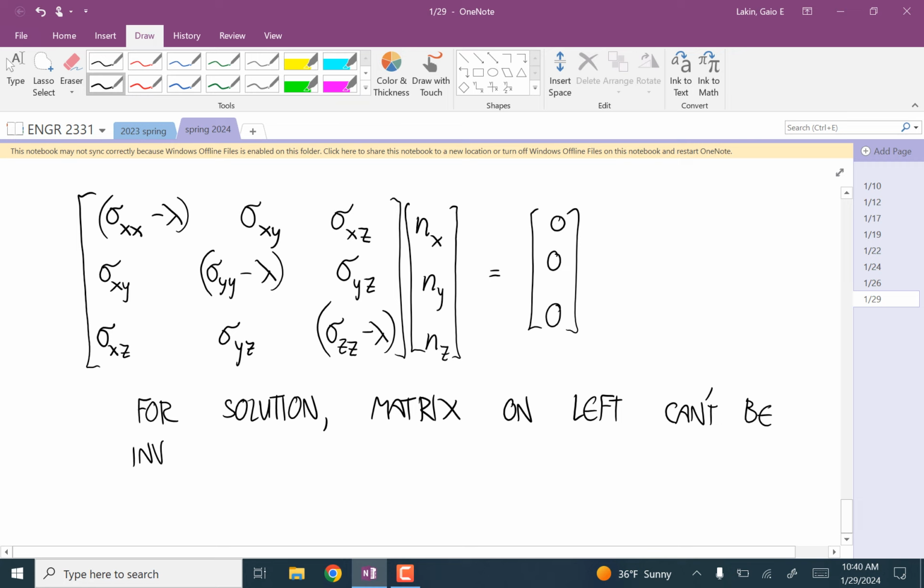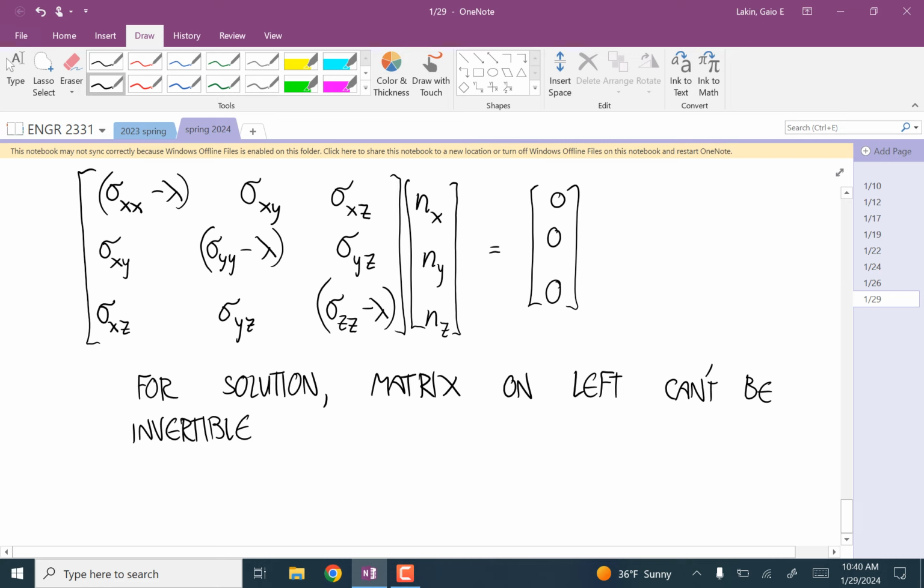You say something with null space. I don't remember either. It can't be invertible, so we require that the determinant is equal to 0.